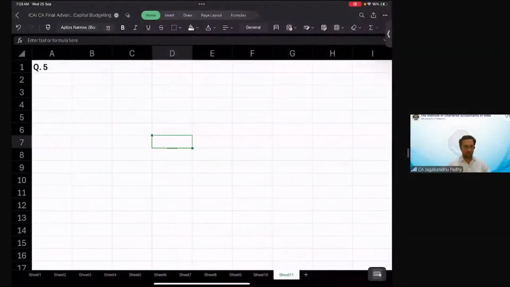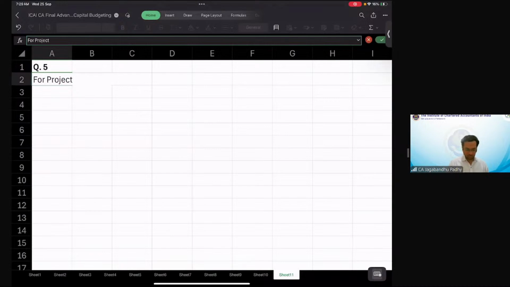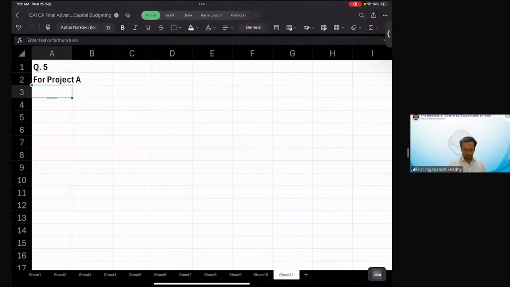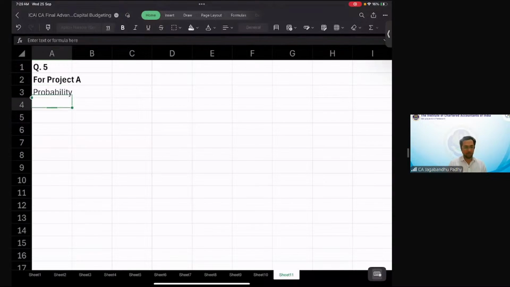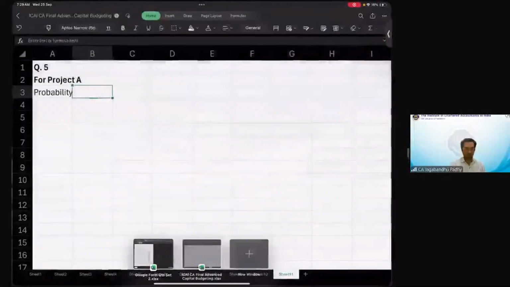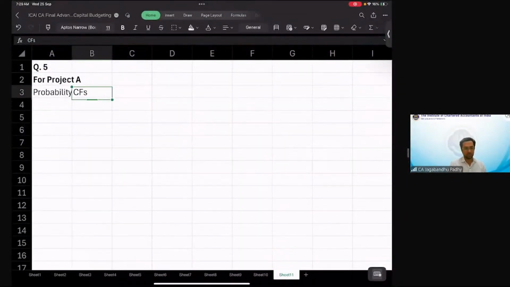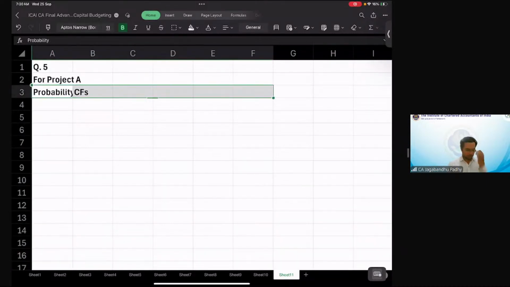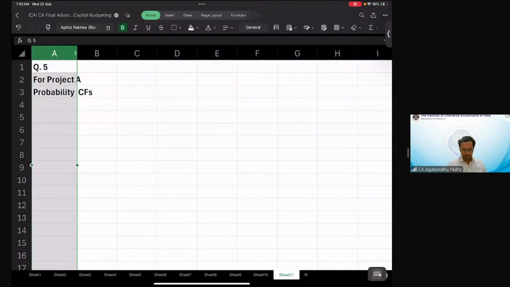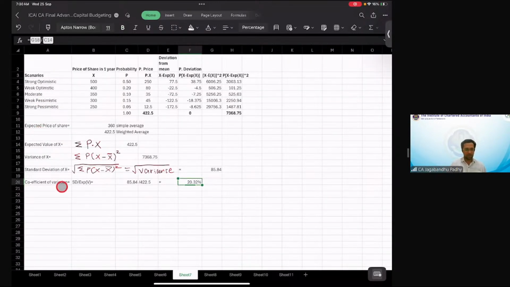For project A, we have the probability, right? Probability, and we have the cash flows. Now, when we are computing the standard deviation or variance, if you can recall the formula that we had, variance was essentially summation of probability into X minus X bar square.